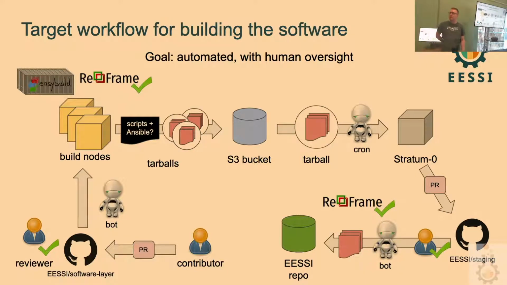Then we could, if there's manpower and funding, do it as a service as well, where we say, okay, you want this, just open the request in EESSI as an issue. I want this and this version, and I don't care about the compiler. Just give me anything. Then maybe it's very easy for us to support. Now, we don't want to get into free labor kind of situations there.